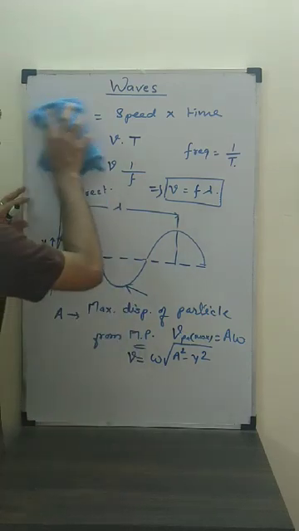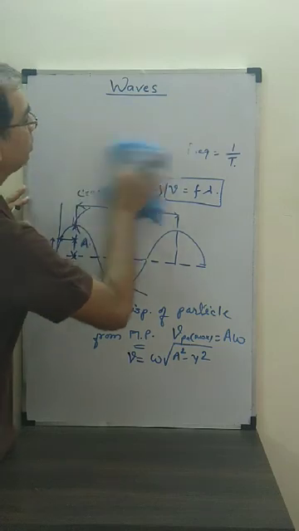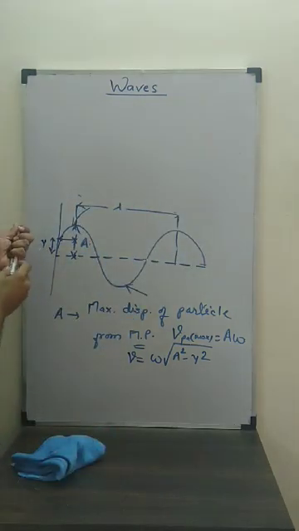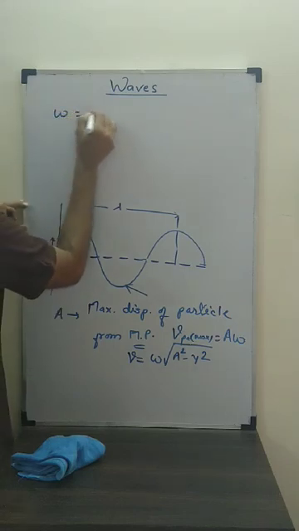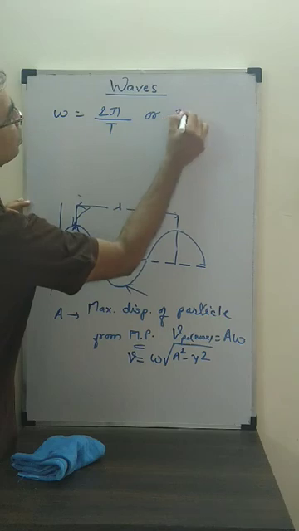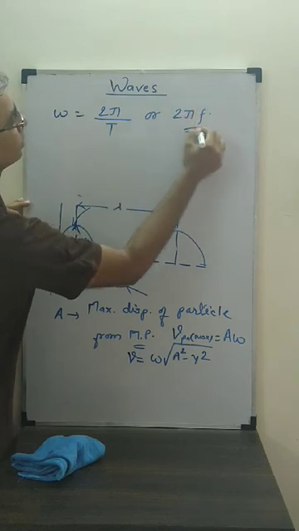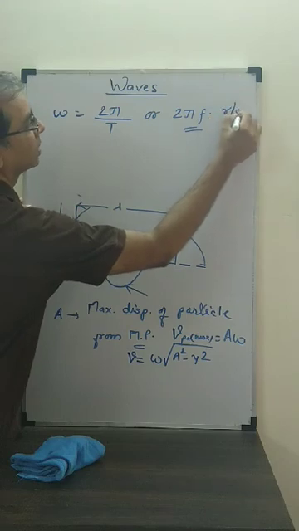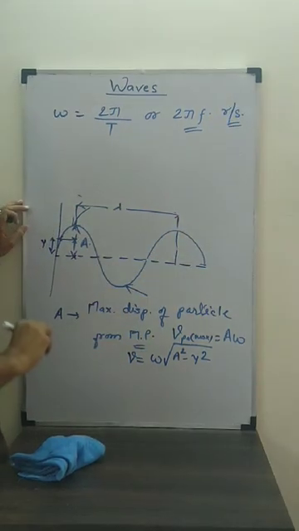Omega is angular frequency, which is written as 2 pi by T, that is 2 pi by time period, or written as 2 pi f. Its unit is radian per second, like angular speed you can say.